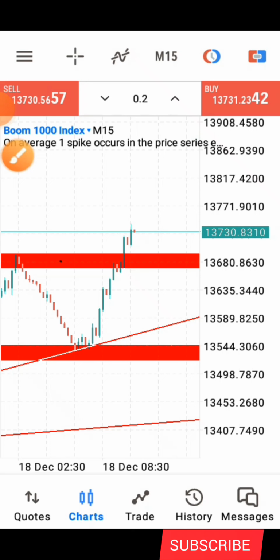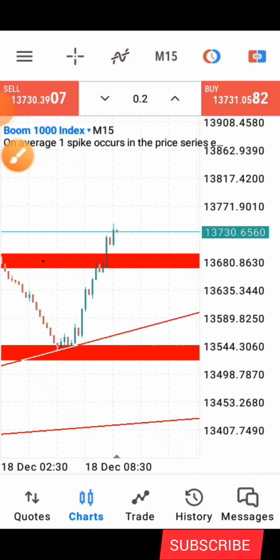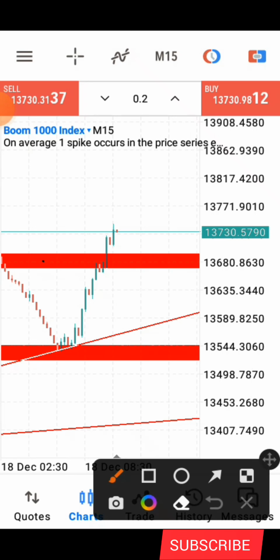So what I'm gonna be waiting for now is for price to come to this zone and bounce up. Or, you know how this thing does sometimes, it may not bounce from that area, it may break this, but I know it's going to maybe find support here on our trend line and bounce up, or on this support and resistance zone here, all right?